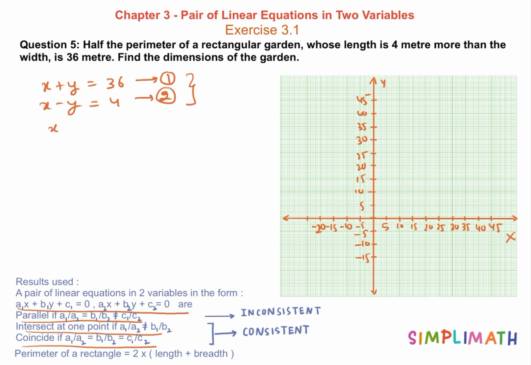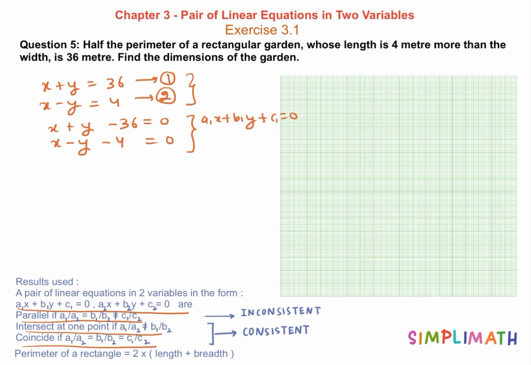The first equation can be written as x plus y minus 36 equal to 0, and the second equation can be written as x minus y minus 4 equal to 0. Now when we compare these to a1x plus b1y plus c1 equal to 0 and a2x plus b2y plus c2 equal to 0, we can say that a1 equals 1, b1 equals 1, c1 equals minus 36, a2 equals 1, b2 equals minus 1, c2 equals minus 4.